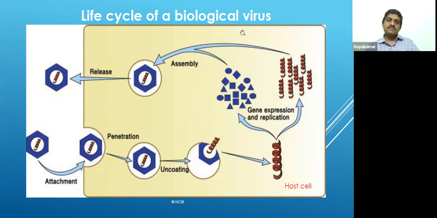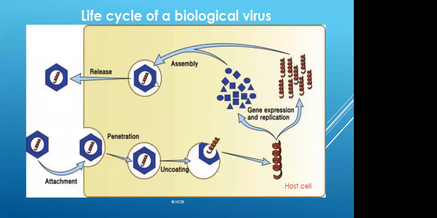After some time, when the size increases, the copies will assemble into a new virus, a complete virus itself. And as the size increases, the host cell is going to die, and the viruses will break the wall of the host cell, and the entire virus will come outside.